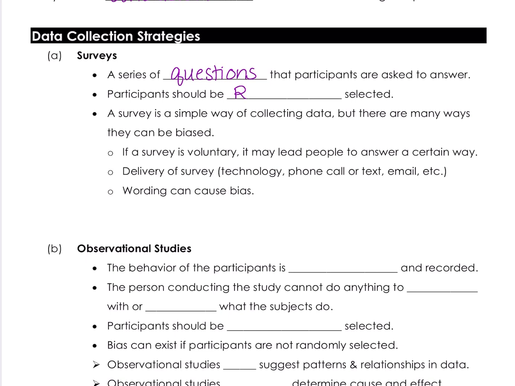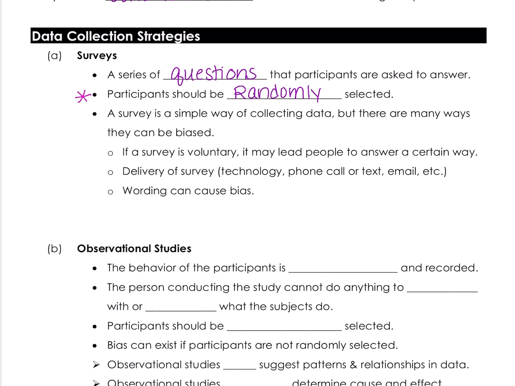Participants should be randomly selected. That is a word that you've hopefully noticed we've been seeing a lot of in probability, and we're going to see a lot more of it in statistics. It is so important that any statistical study is random, and we're going to talk more about that in a minute. A survey is a simple way of collecting data, but there are many ways that they can be biased.